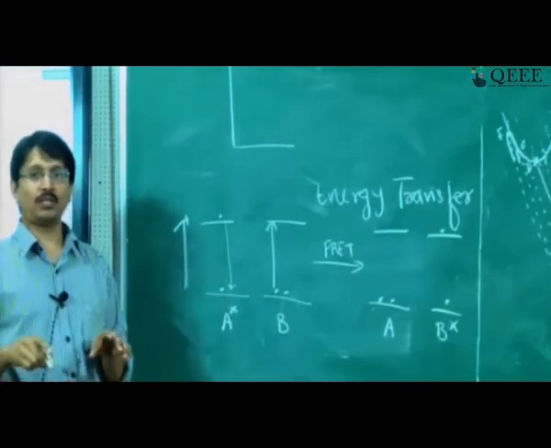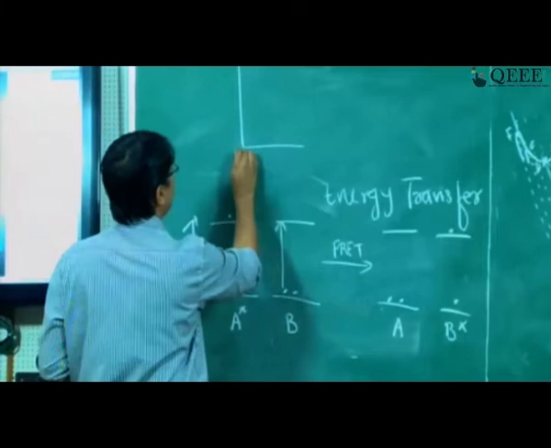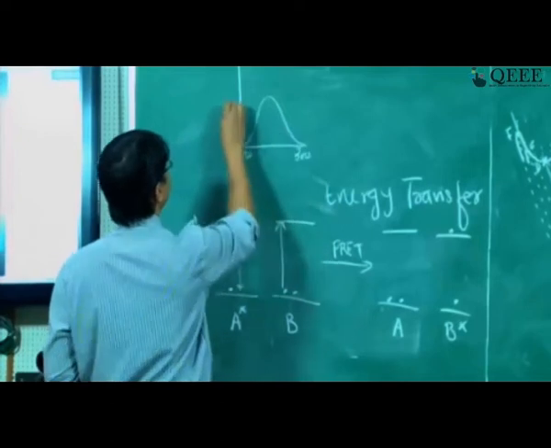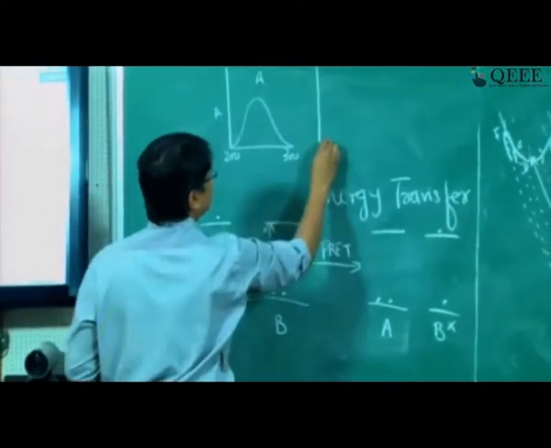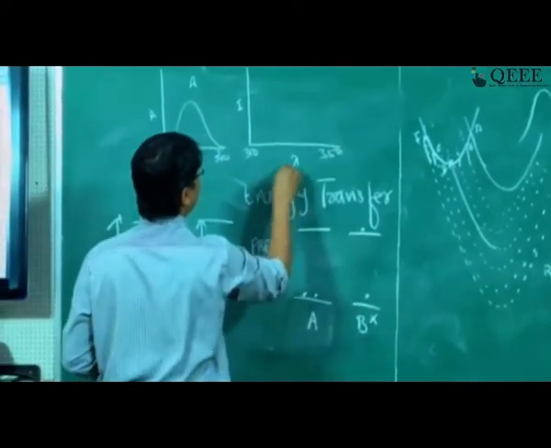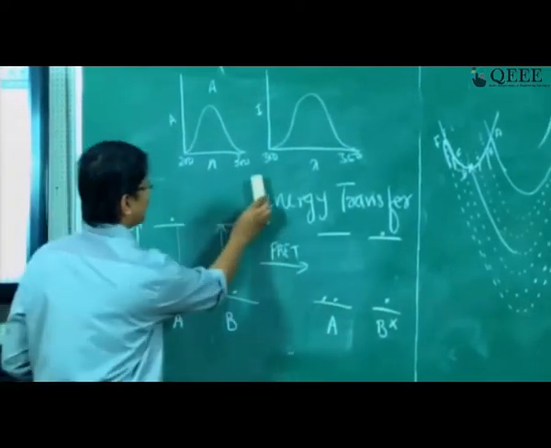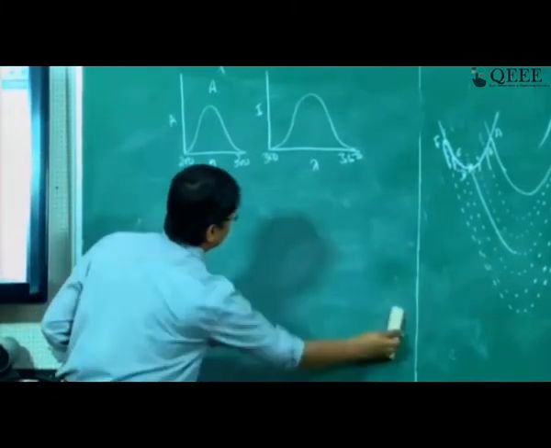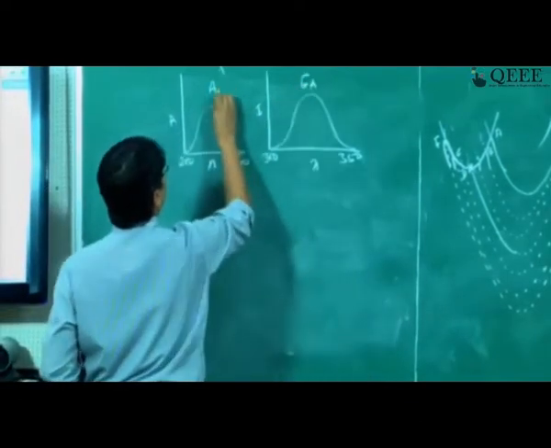Then I will ask you to plot what will happen if I excite A in a mixture of A and B. For example, this 200 to say 300, this is the absorption spectrum of A. This is absorbance, this is the absorption spectrum of A. This is the corresponding emission spectrum, 300 to 350, this is lambda, emitting like this. This is also emission spectrum of A, this is absorption spectrum of A.